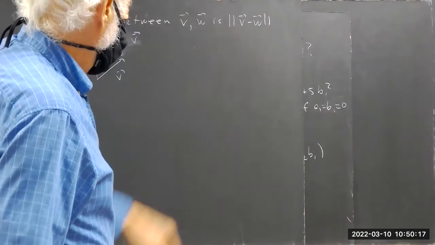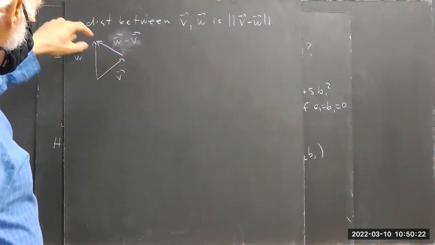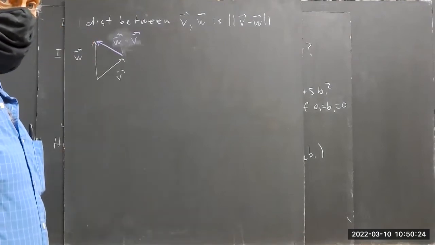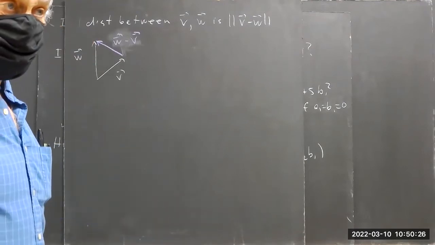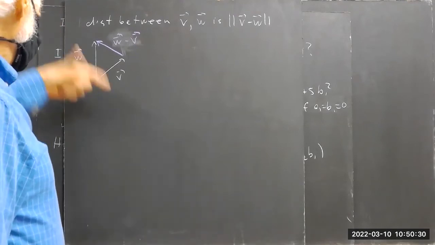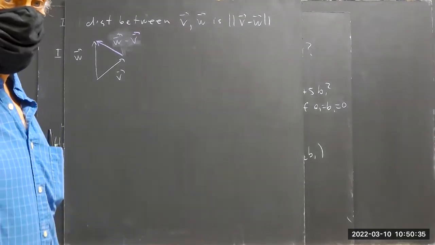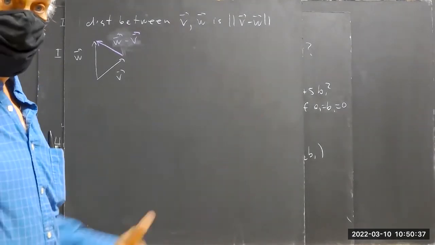So the magnitude of B minus W is just the magnitude of the vector from the tip of B to the tip of W, or vice versa. And that has a direct correlation to length, but it works in the abstract space.